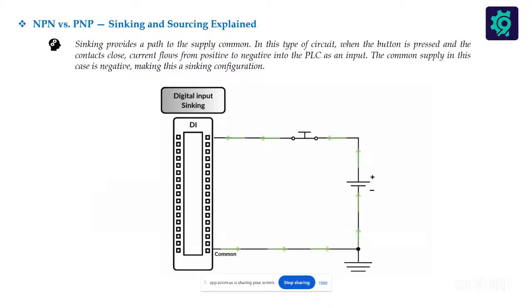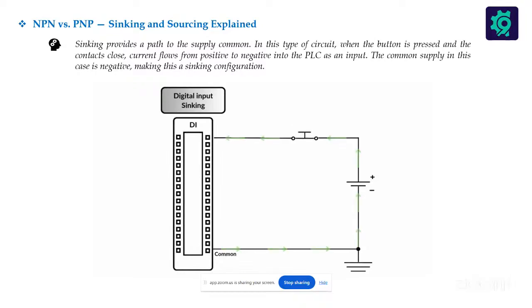Now, how does current flow? Current flows from positive to negative in an electronic or electrical circuit. So for your input or your output, in a sinking configuration, your device is the channel through which the positive signal enters into the PLC.